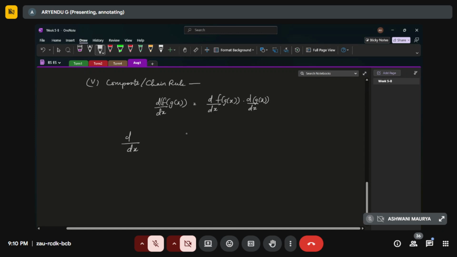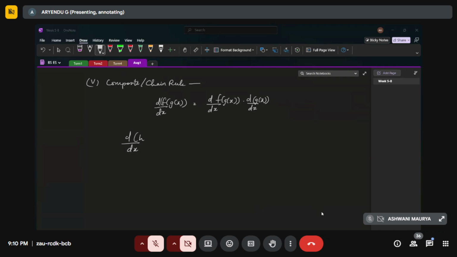If you have, say, h of x. Here, f of g of x should be derived by d of g of x, not d of x. Where d of f of g of x by d of g of x. This one, the first one. The previous one.